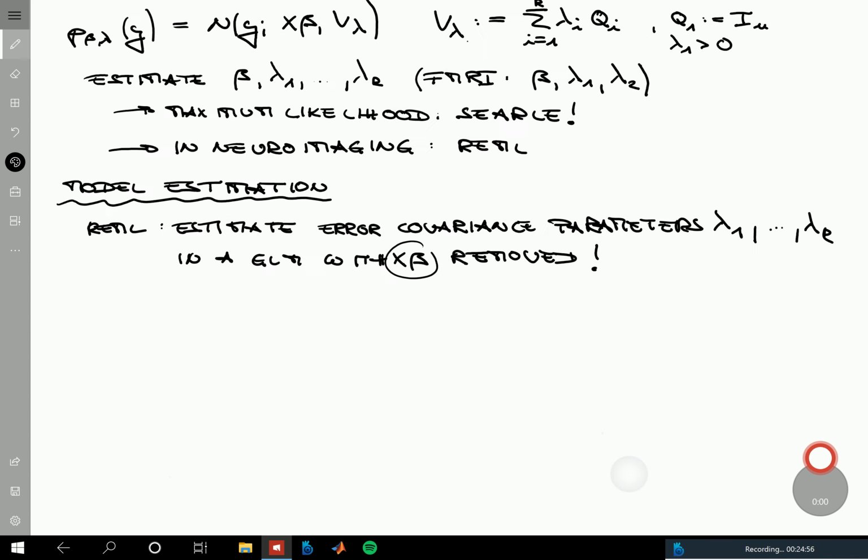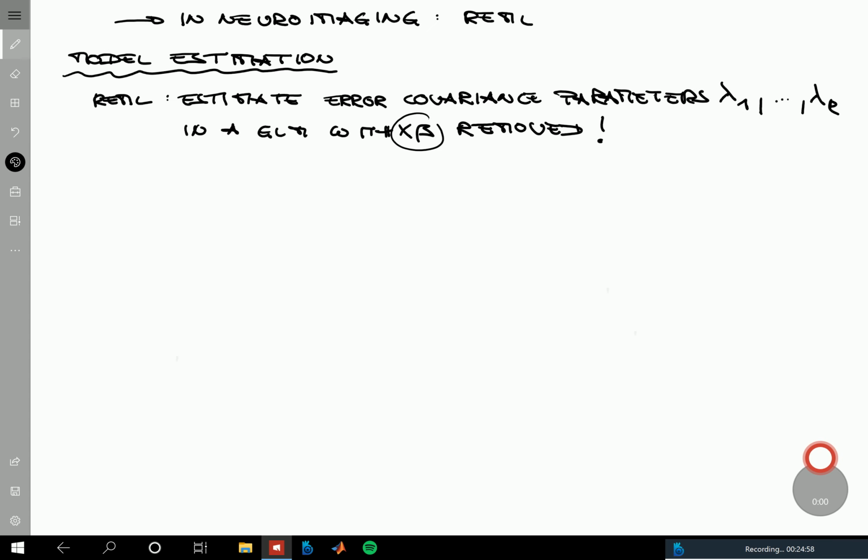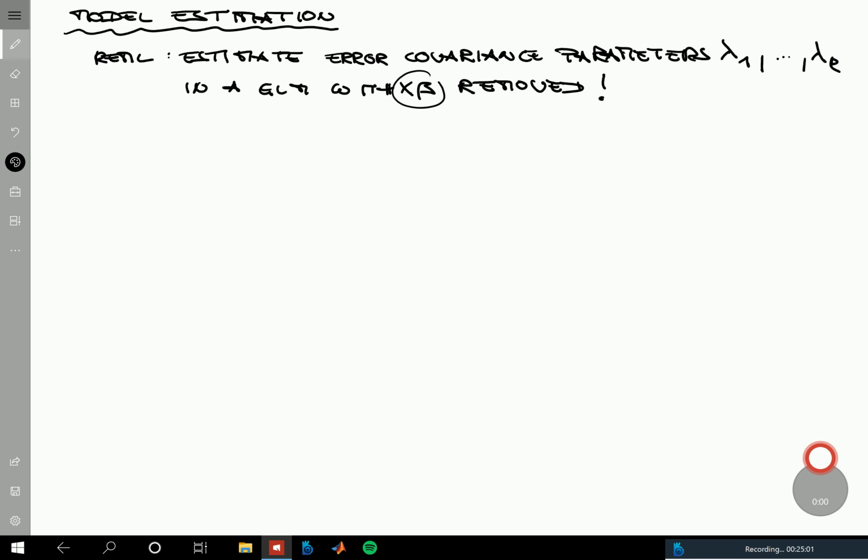The fundamental idea here is to multiply the GLM with a matrix K, which is n times r dimensional, such that K transposed times X is the zero r times p matrix.